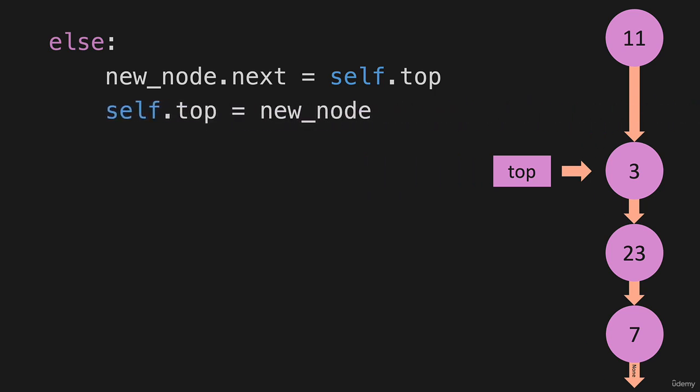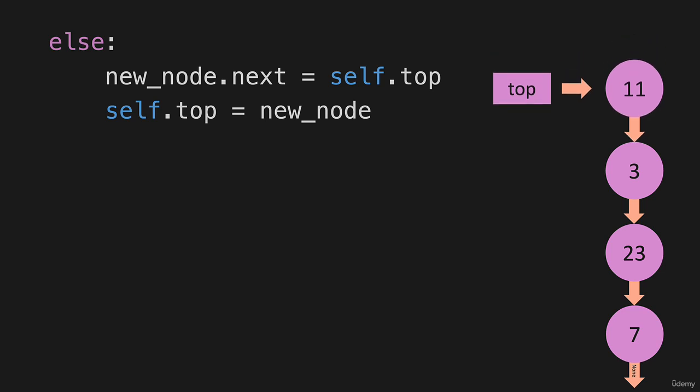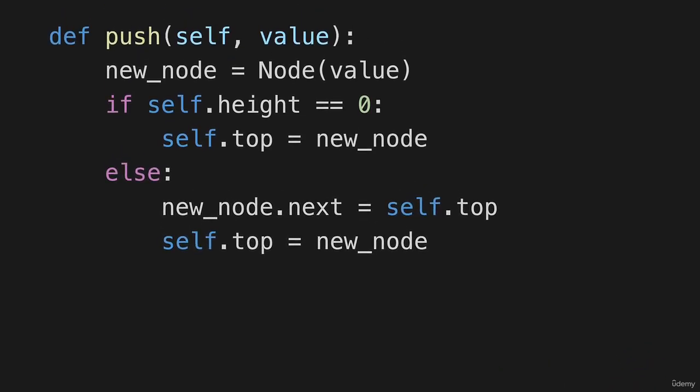Then we'll say self dot top equals new node. That moves top up and adds that into our stack. So let's add this in with the rest of our code like this. And the only thing left to do is to increase the height by 1.